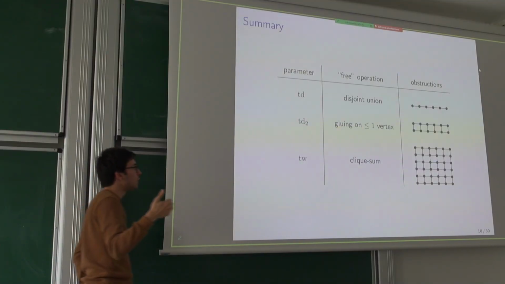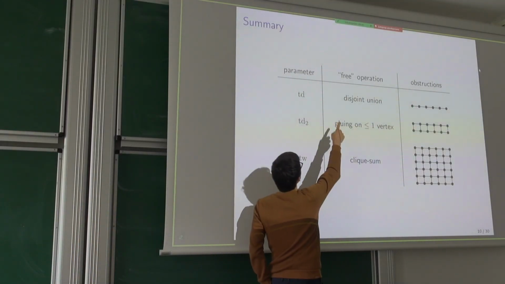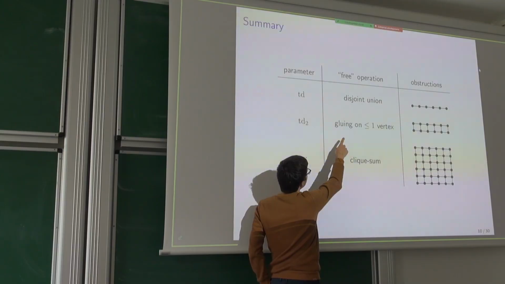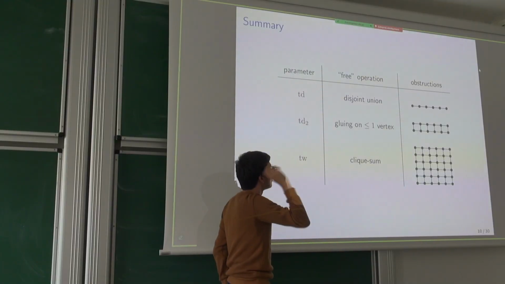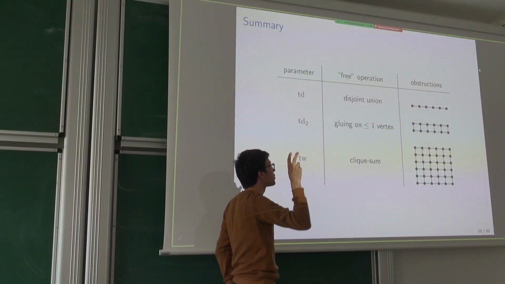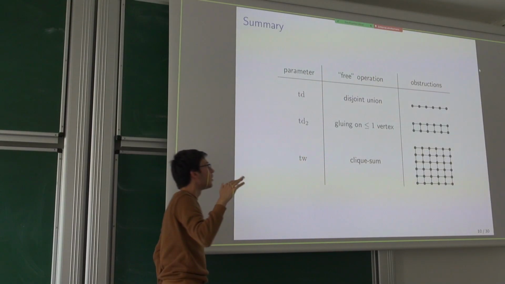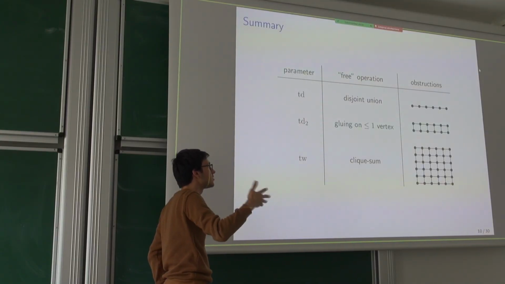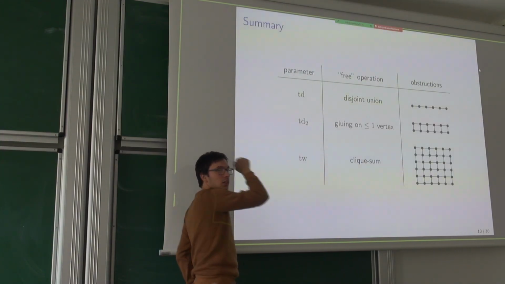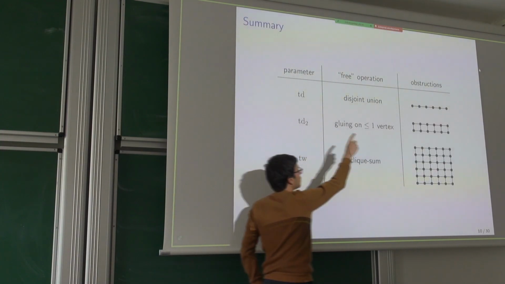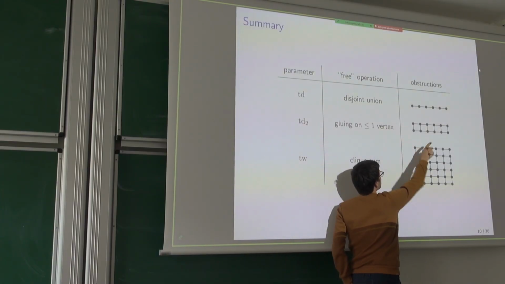And then you have a free operation, which was the disjoint union for treedepth, gluing on one vertex for 2-treedepth, and any clique-sum for treewidth. And for each of these parameters, we have obstructions. What I call obstructions is what is necessary and sufficient to exclude to have bounded treedepth, 2-treedepth. That was paths, ladders, so 2 times the grids, and grids.